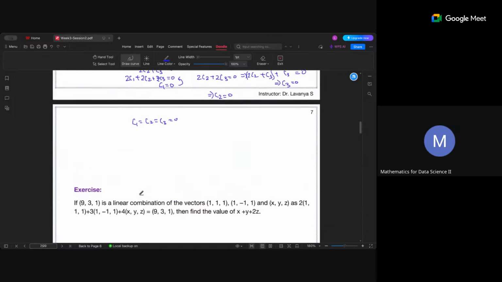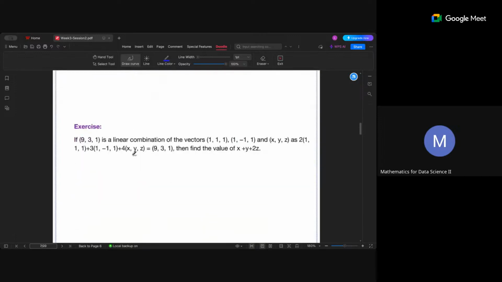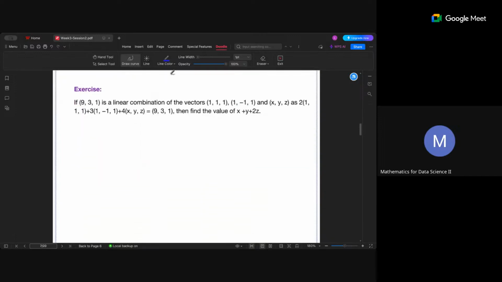Before looking at the significance, there is one exercise, and after that I will start giving you some intuition to understand it. Quickly, everyone, try to solve this problem yourself. This is the equation which you should consider.